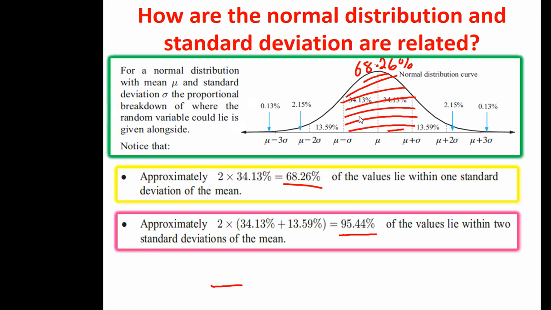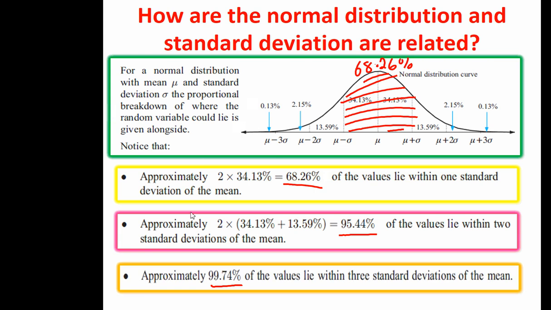If you add this one plus this one plus this one plus this one, you get about 95.44% of the population falling between plus or minus 2 standard deviations of the mean. And approximately almost the entire amount, but not quite: approximately 99.74% of the values lie between plus and minus 3 standard deviations of the mean.